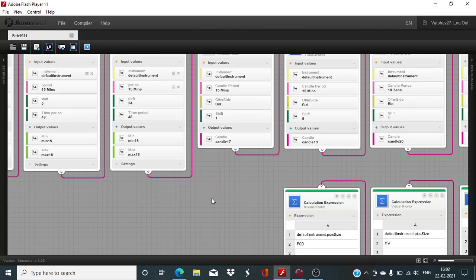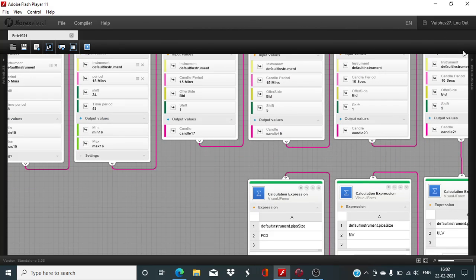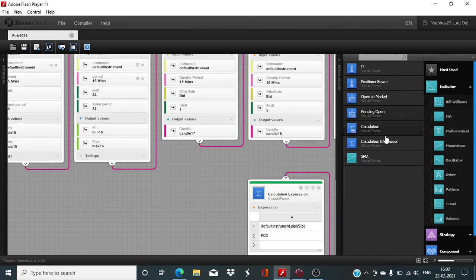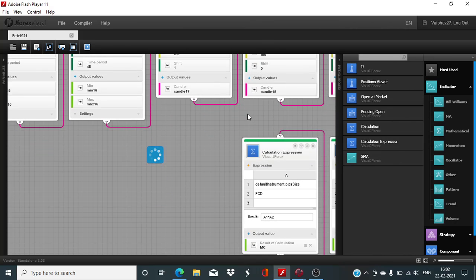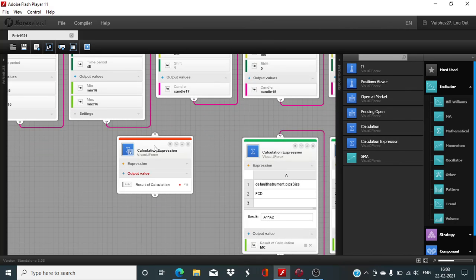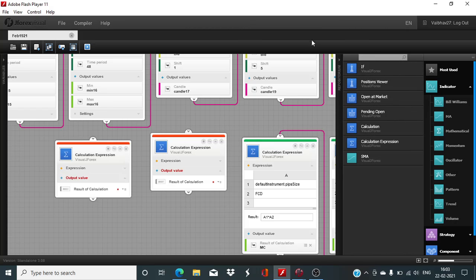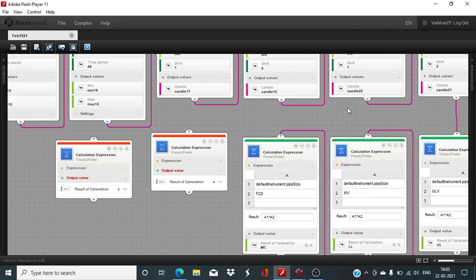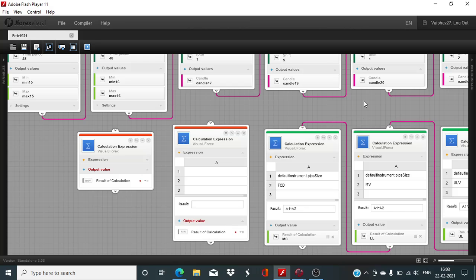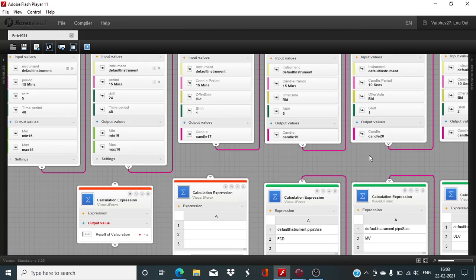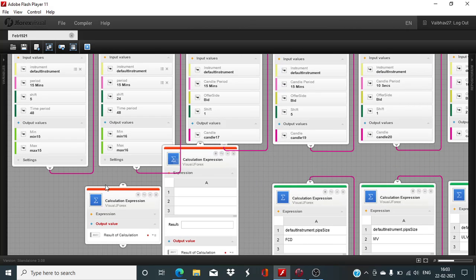So now we have to take another calculation block and then look at the actual price difference.